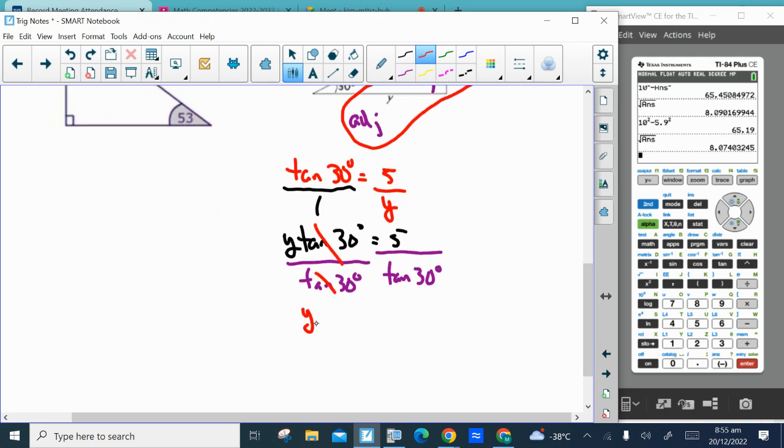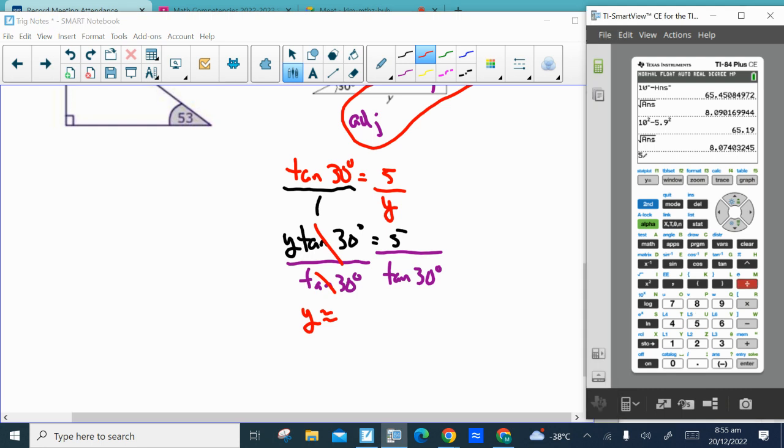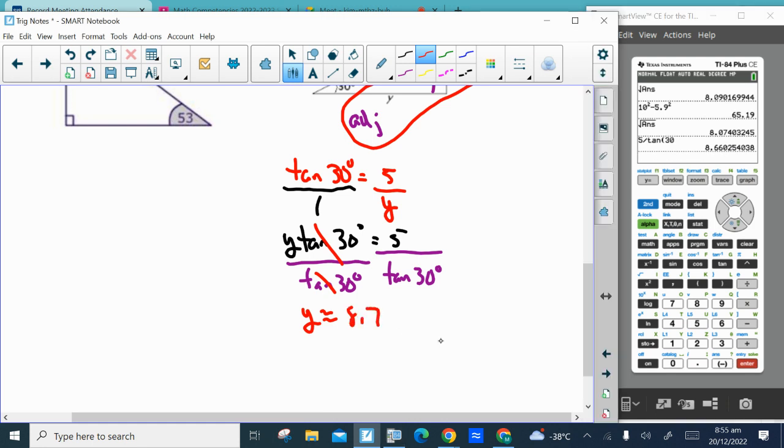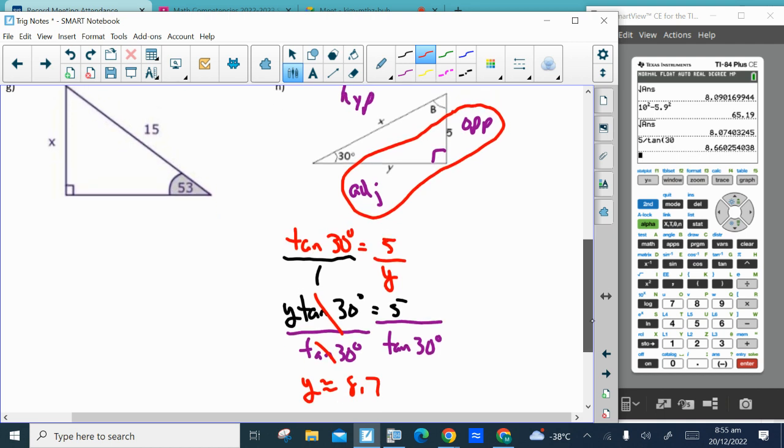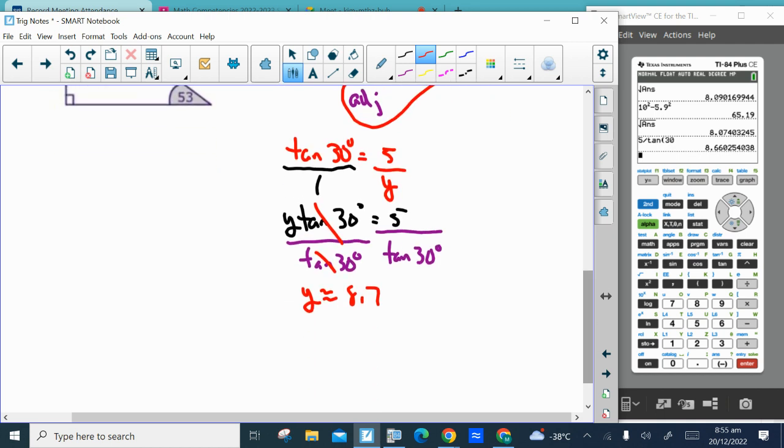You have y by itself. And we'll find out what it equals by going 5 divided by the tangent of 30 degrees, which to the nearest tenth would be 8.7. And there's no units on the opposite side, so no units on this either.